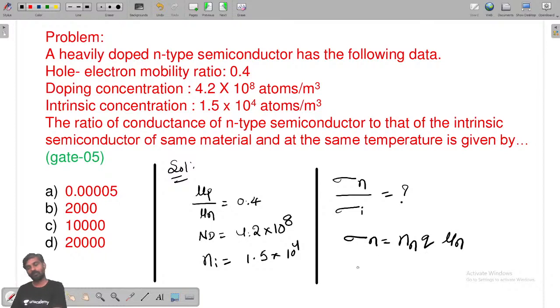And sigma i, with intrinsic concentration, is going to be Ni into (mu n plus mu p) into q.